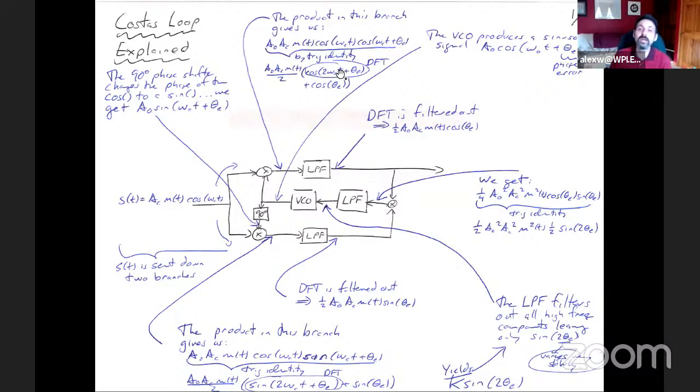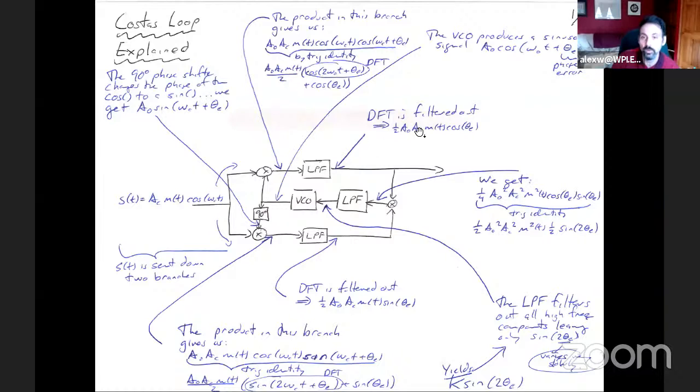And if you do the trig identity, cosine A, cosine B, what it should be equal to is cosine A plus B, cosine A minus B. So we get this. Here's the double frequency term, and here is just cosine of the phase. The low pass filter removes the double frequency term.